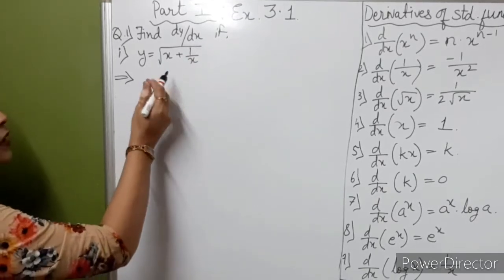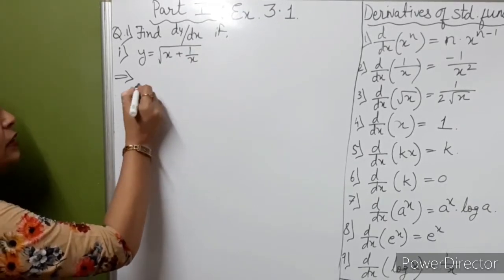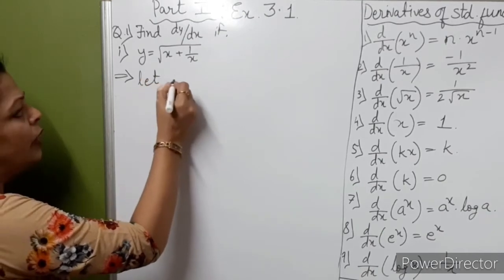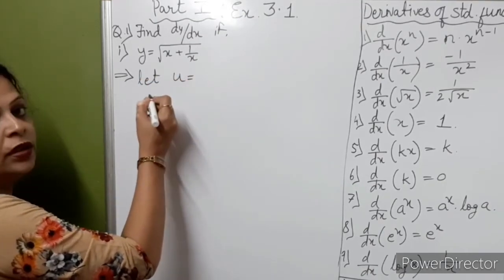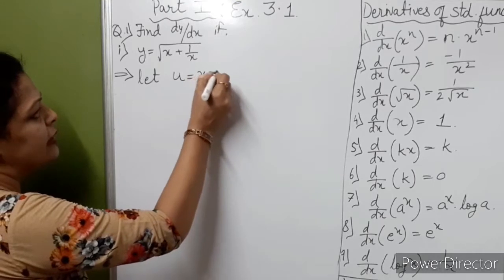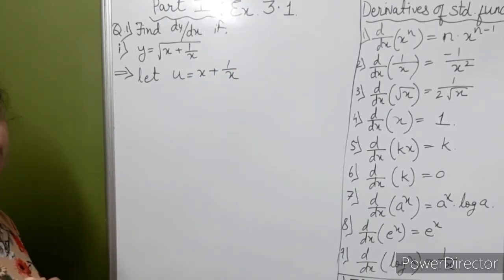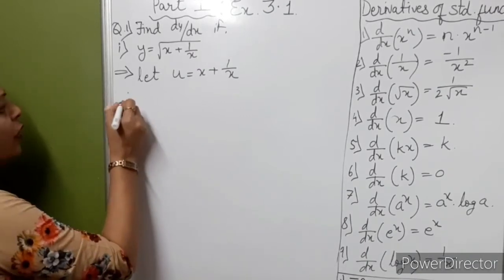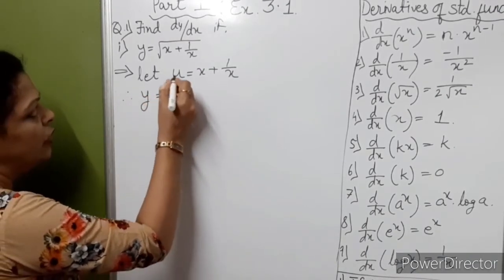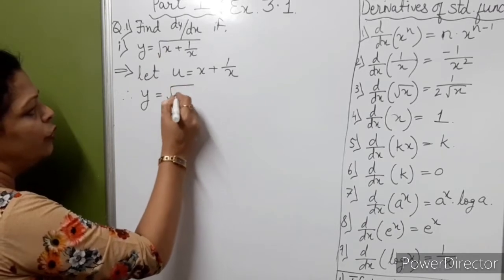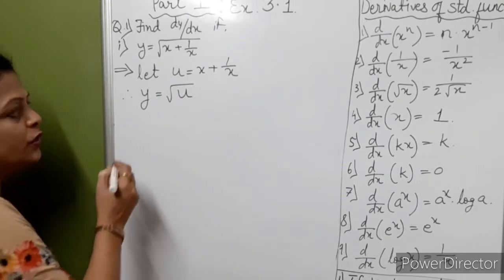So, what we will do is, we will assume this x plus 1 upon x as u. Correct? So, it is a function of x. Let u is equal to x plus 1 upon x. Therefore, we have y is equal to square root of u. Understood?